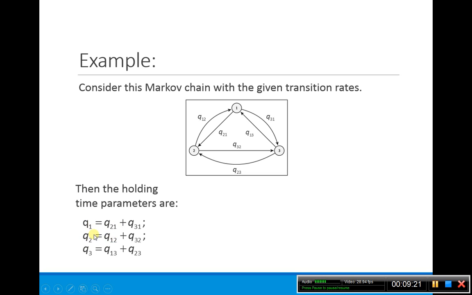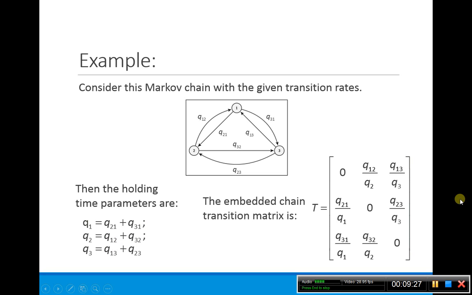Similarly, for Q2 I can go from 2 to 1 or 2 to 3, so I sum up those transition rates, etc., etc. So we can also get the probability that we're going to go from state 1 to state 2 or state 1 to state 3. Remember, the transition matrix for our embedded chain always has 0 on the diagonal because we're always moving from one state to another state. So what's the probability I'm going to go from state 1 to state 2?